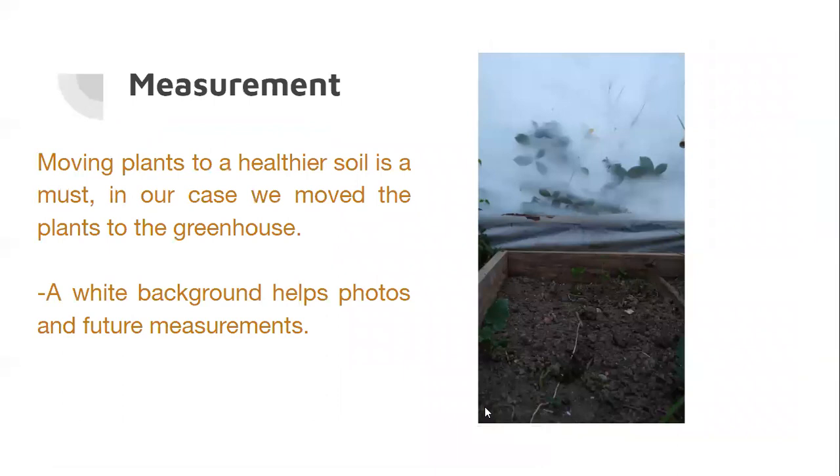Regarding measurements, as Chantaka said, we were using a grid placed on the back of the plant. For the case inside the greenhouse, we are putting the plants at ground level in order to have the same humidity.